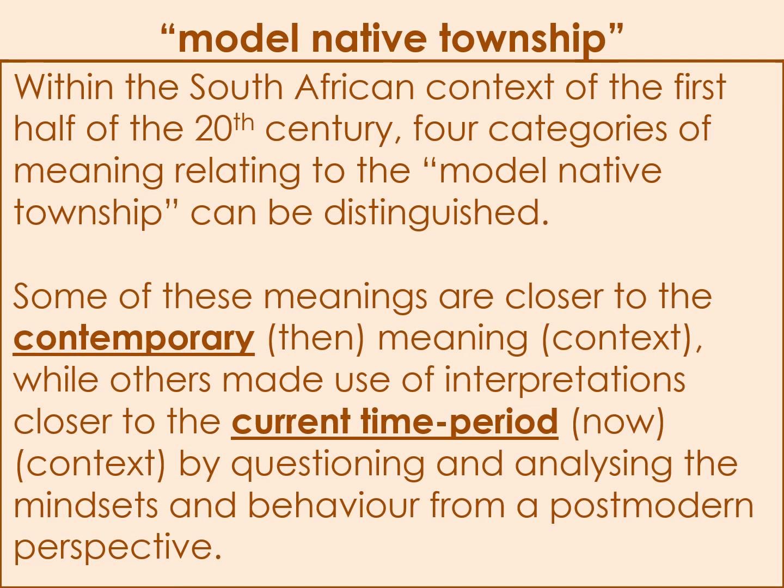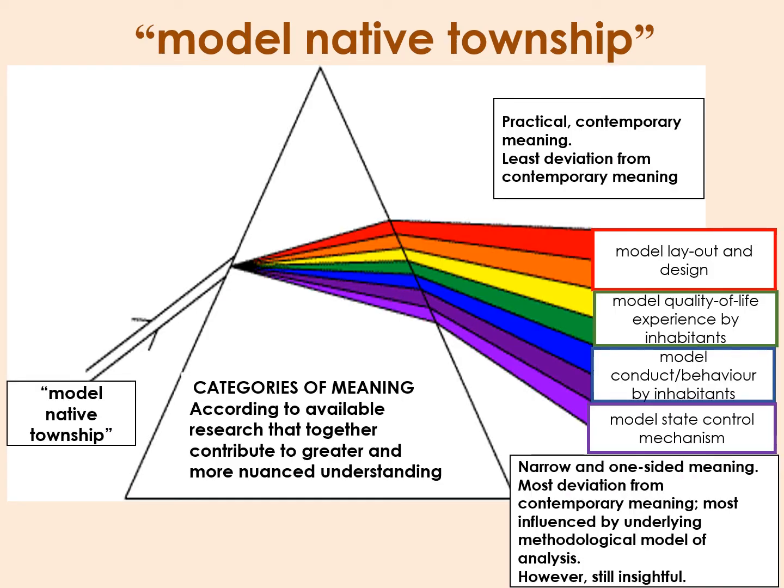The sketch that is used for the visualization of the different categories of meaning within the available research is the prism, where the refraction of light, there you can see it, indicates the degree of deviation from the contemporary meaning of the concept.